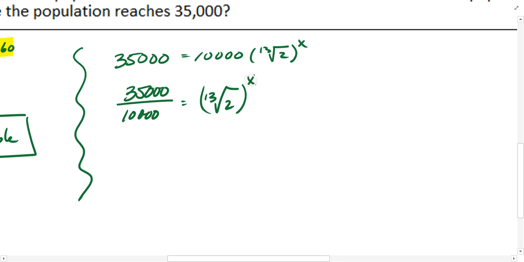And I recognize that I'm dealing with an exponential expression at this point. Don't know how to solve for x in this particular form, so I'll switch it to a logarithm. The base of the logarithm requires the same base as the exponential. This time we're evaluating at 35,000 over 10,000. And that end result should be equal to x.